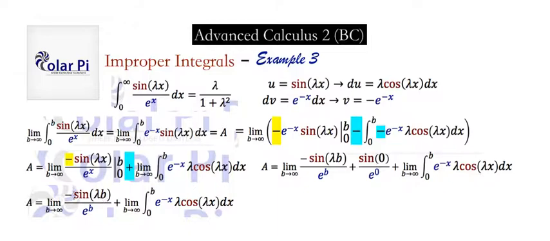It's bounded, so it doesn't matter if b goes to infinity, it's going to stay between negative 1 and 1. But e to the b is going to grow without bound towards infinity. So we're going to have something bounded divided by something tending towards infinity. So this whole quotient is going to go to 0 as b goes to infinity. And so that means our integral A is going to simplify to just this here.